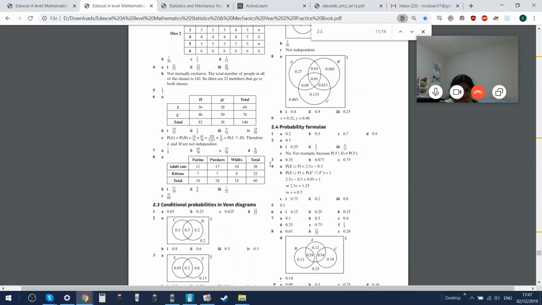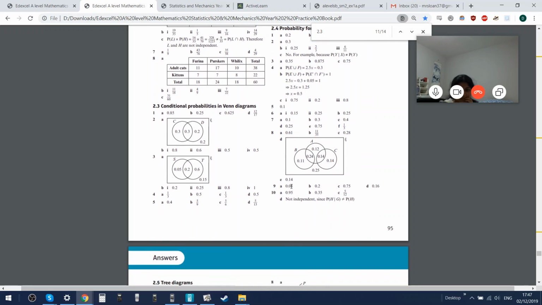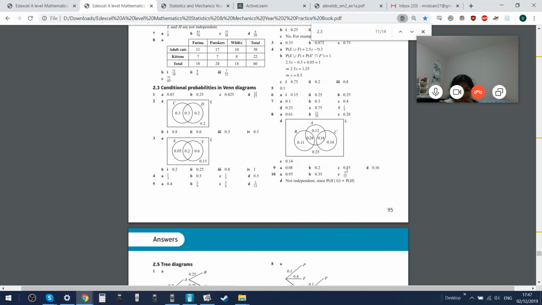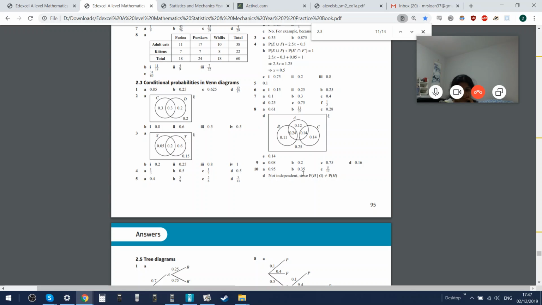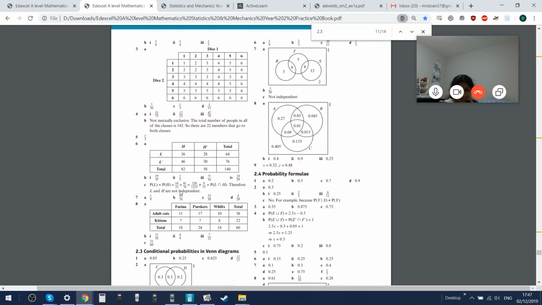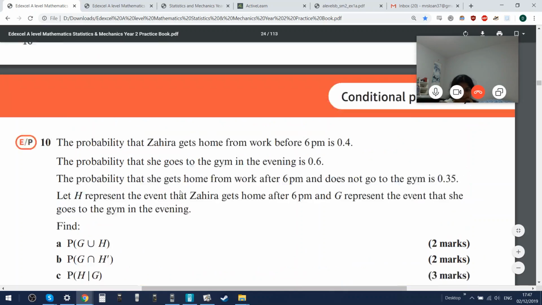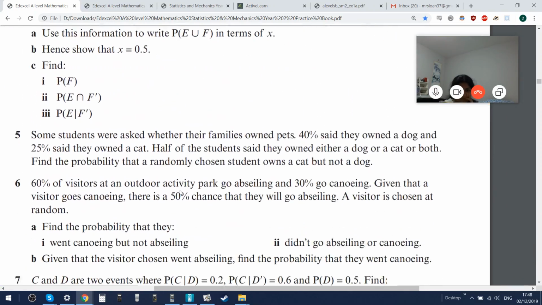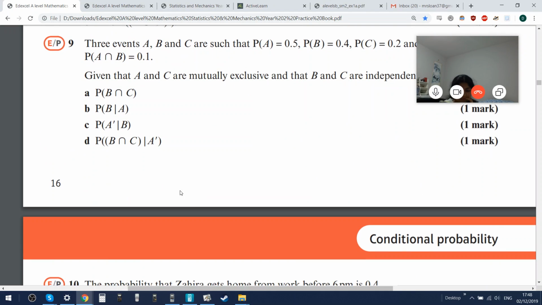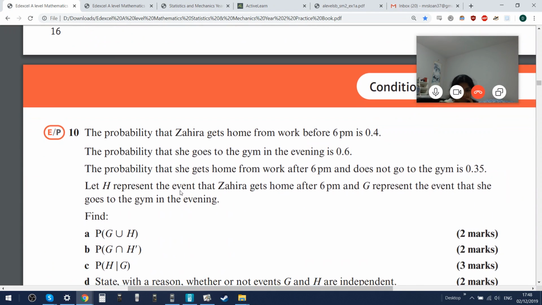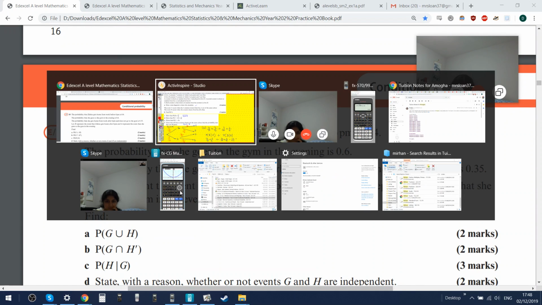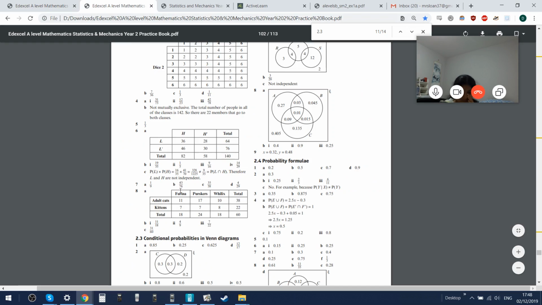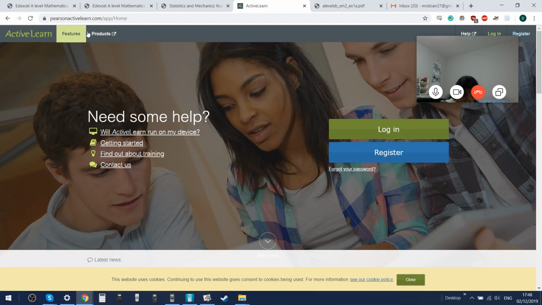It's 2.3, 2.4. Question 10. I'm looking at the other thing, that's why. I need question 10 from this.